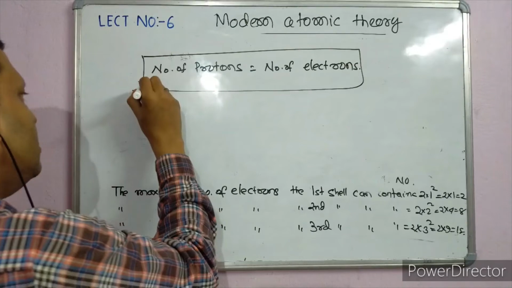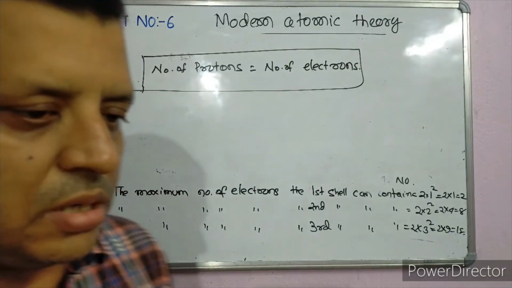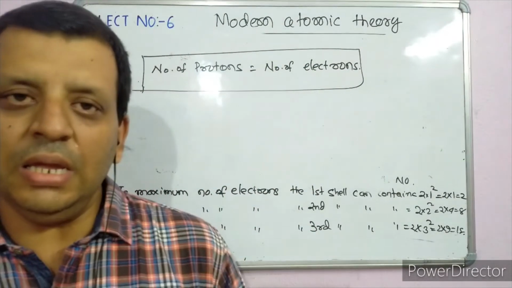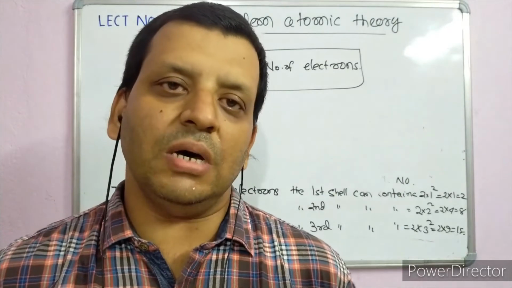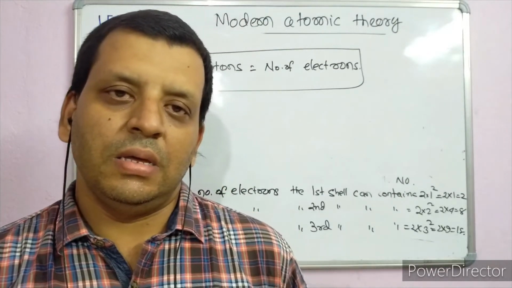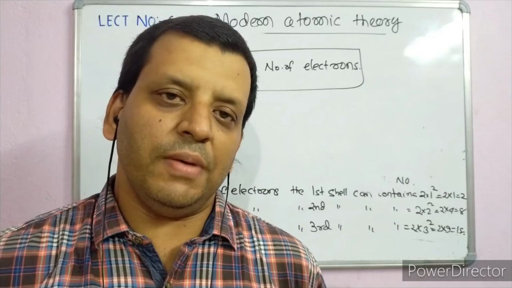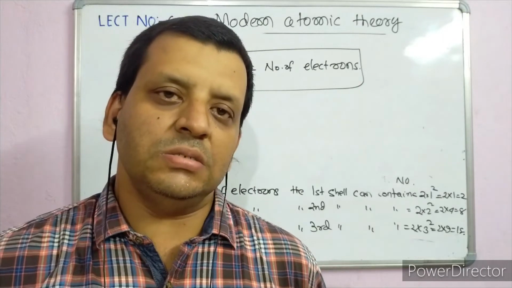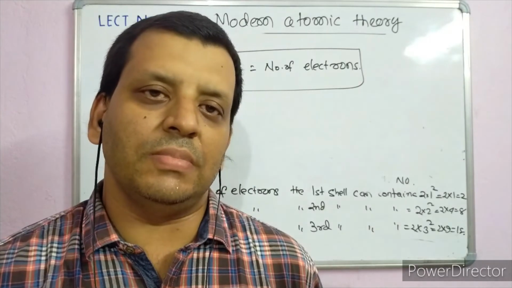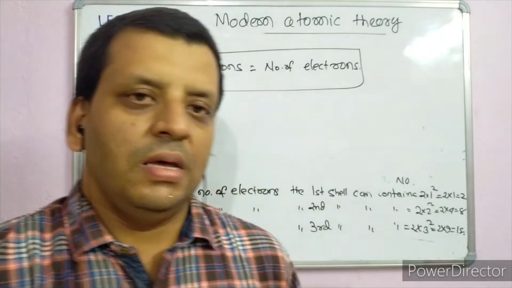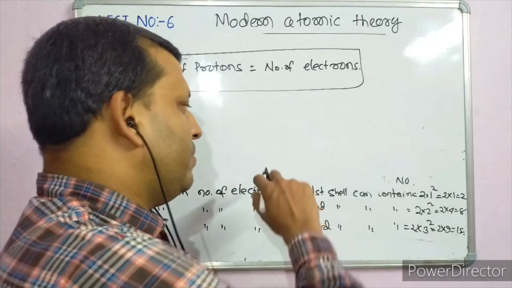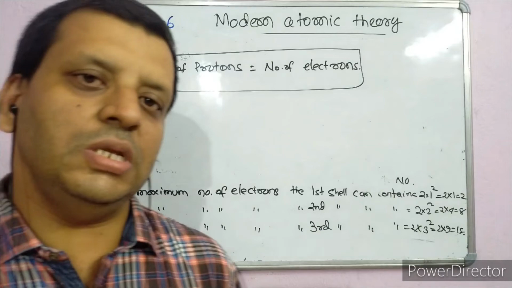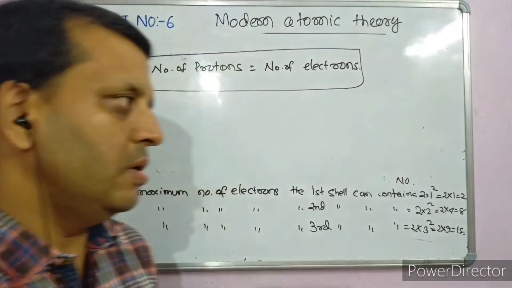This is the condition due to which our atom under ordinary conditions is electrically neutral. So what are the subatomic particles? They are the particles present inside an atom, and as we have already studied, they are nothing but our protons, neutrons and electrons.